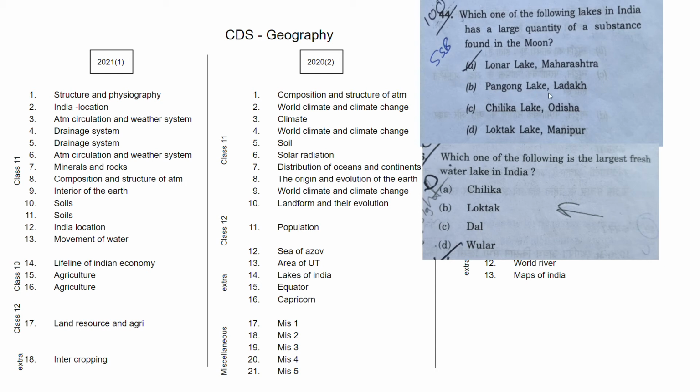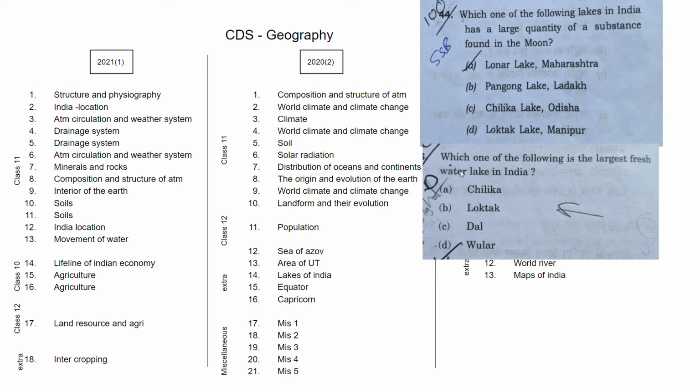Pangong Tso is a lake which India and China both claim. The Chilika Lake is a lagoon, and Loktak Lake is in Manipur. It is on a tributary of a river which originates in Myanmar. This lake is mentioned in the drainage chapter of NCERT.